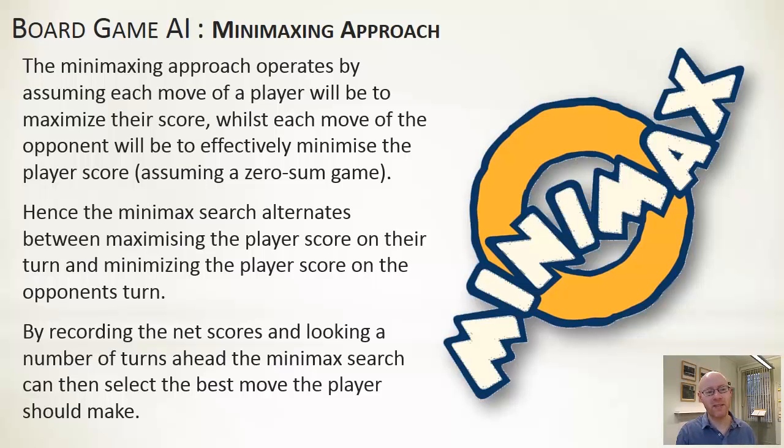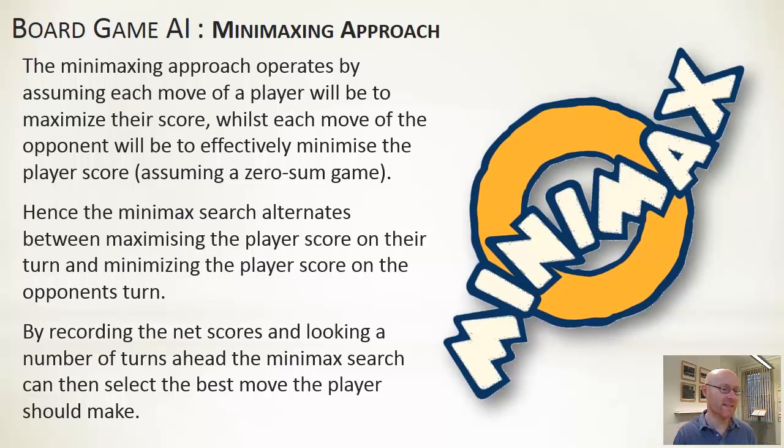How minimaxing works is that when it is the player's move, the algorithm will act to maximize the score of the player. That makes sense. And when it is the opponent's move, because you assume that the opponent, him or herself, is trying to win, the algorithm will act to minimize the score of the player. So it has this maximizing followed by a minimizing step.